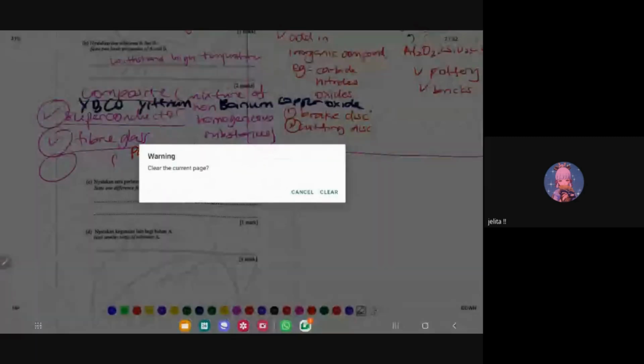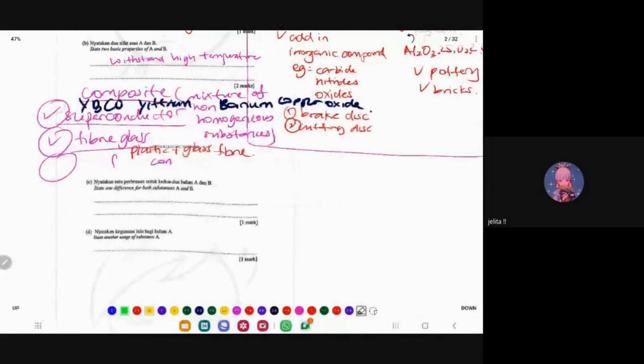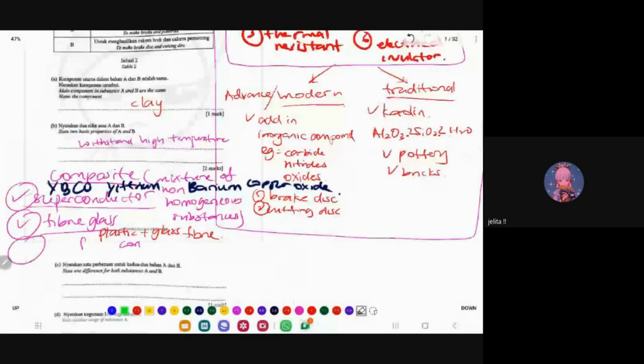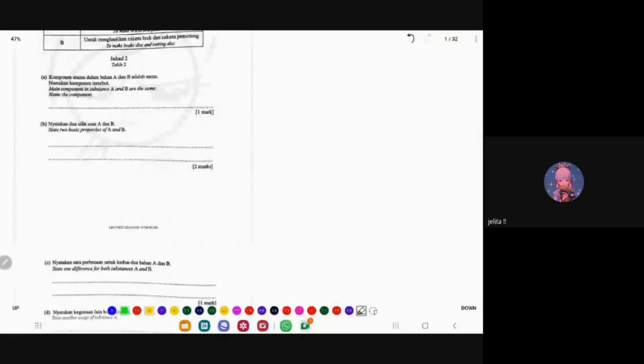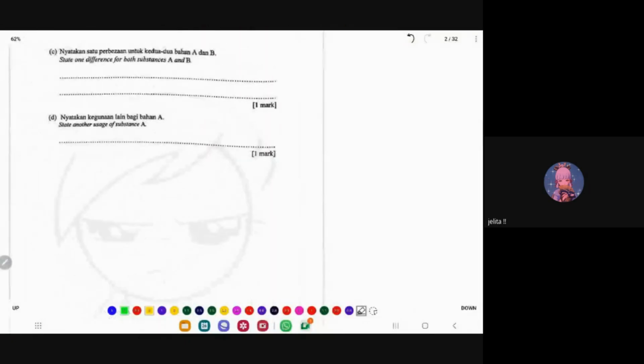Now, what is another usage of substance A? What can clay do, other than making pots, cooking plates, potteries, tiles?